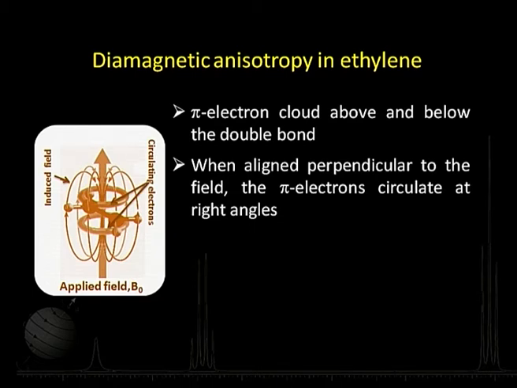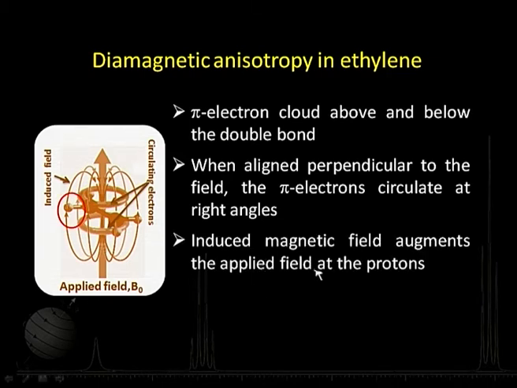These pi electrons get into circulation, as we discussed in the previous case as well, and herein what happens is that there is an induced magnetic field which comes as a consequence of circulatory electrons, and then this magnetic field actually augments. We can see it here, that is, we have the proton here, and the field which has come up here, the induced magnetic field, is in the same direction as the applied field here. That means, it is augmenting or adding to the applied field there.